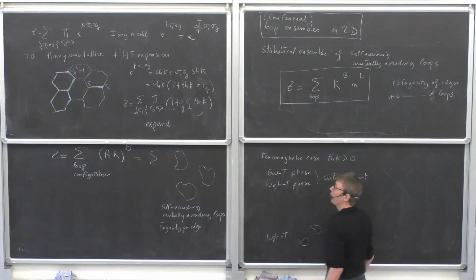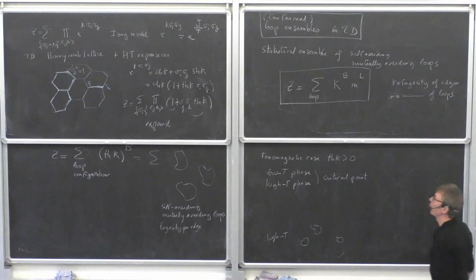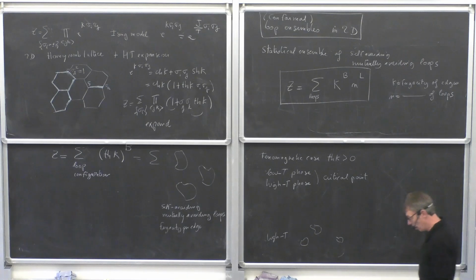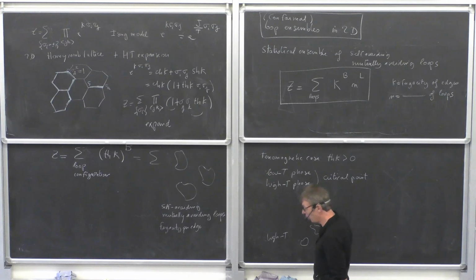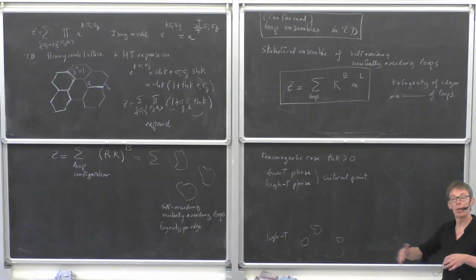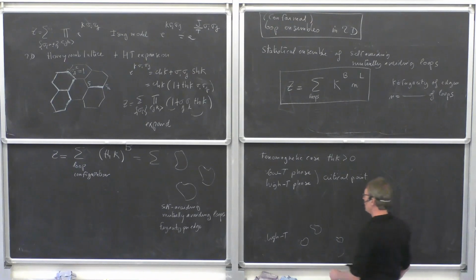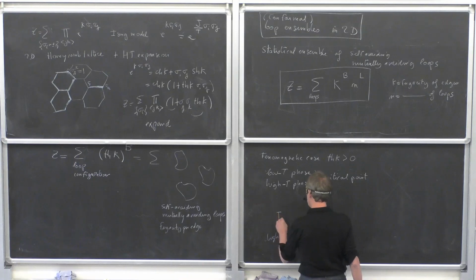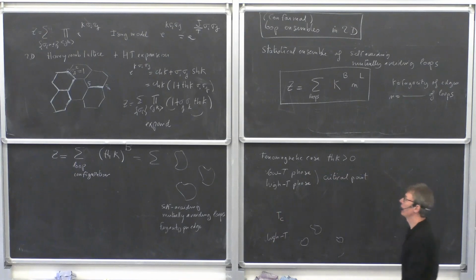Then we're going to lower the temperature. As we lower the temperature, exponential K becomes larger. This means there are more and more loops. And it so happens that at Tc, something very interesting is going on.